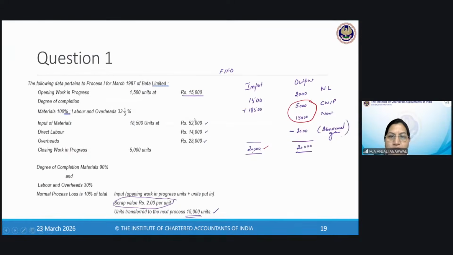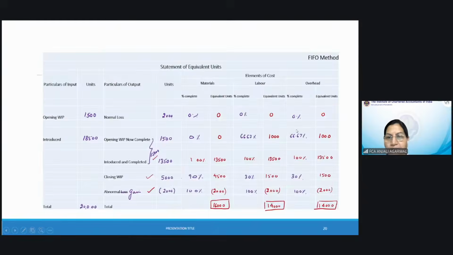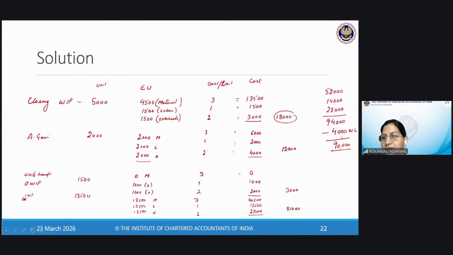You can see 52 plus 14 plus 28. This is your total cost. 52,000 plus 14,000 plus 28,000, which is 94,000. And 94 minus 4,000 realized from normal loss should be assigned to this. Now check whether this totals to 90,000 or not.